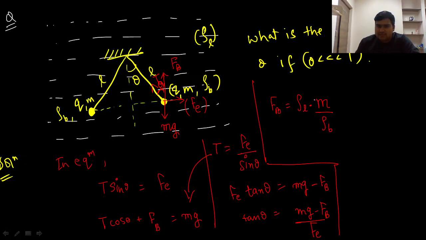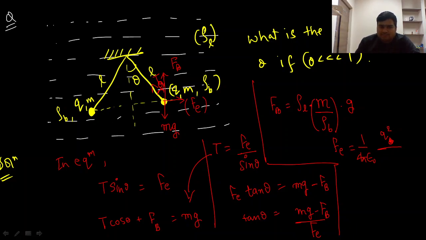So it will be rho of liquid times m over rho of body, multiplied with g. And the electrostatic repulsion force will be 1 upon 4 pi epsilon naught, q1 or q2, basically both are the same, so q square over the distance whole square.